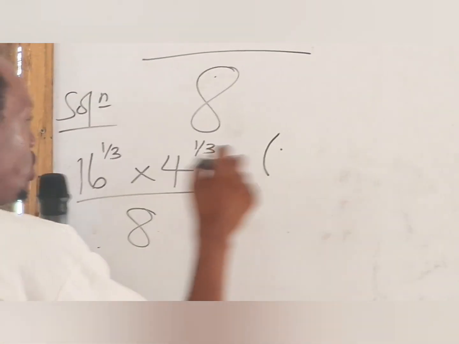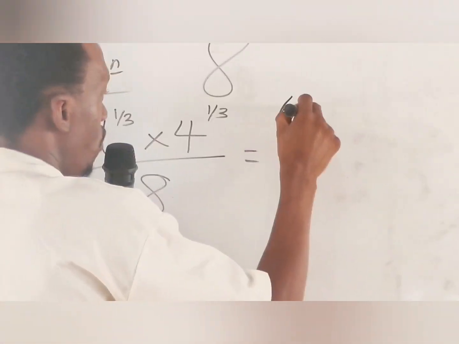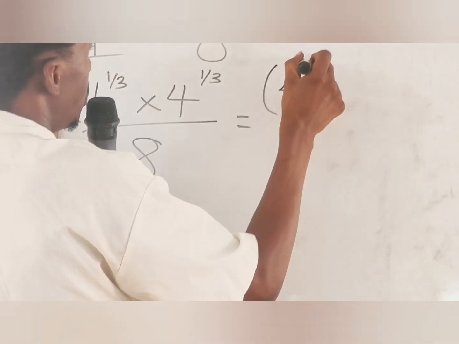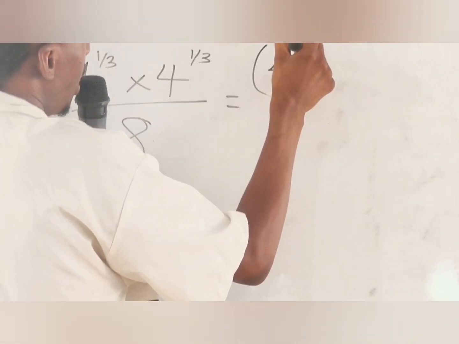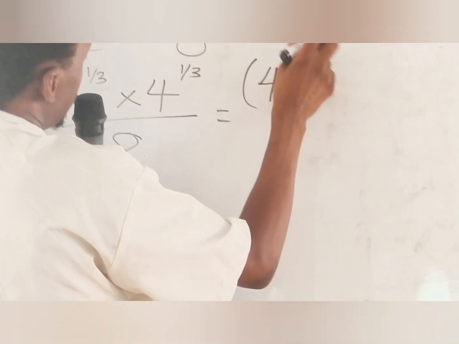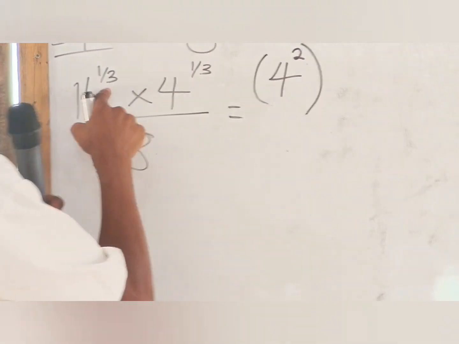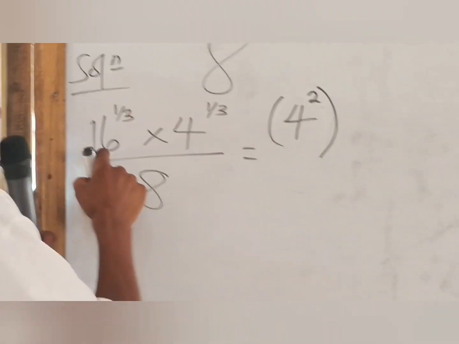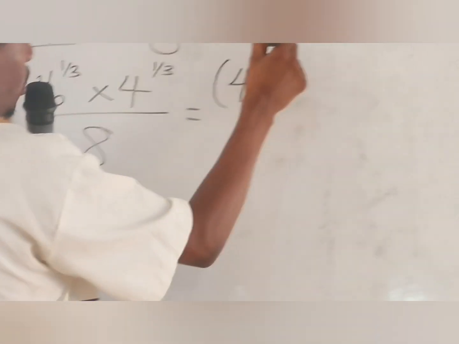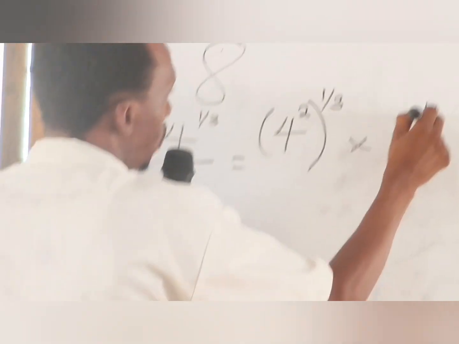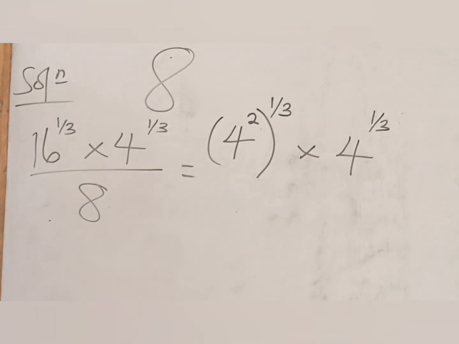So let's change this one to have base 4. 4 to the power what? 4 to the power 2. Don't forget this power. Are you watching? 16 is the same as 4 to the power 2. Is that not it? Then 4 to the power 1/3. Nice. We have done nothing to 4 to the power 1/3. Can you all see? Yes.